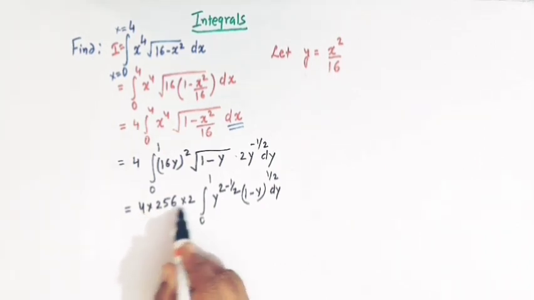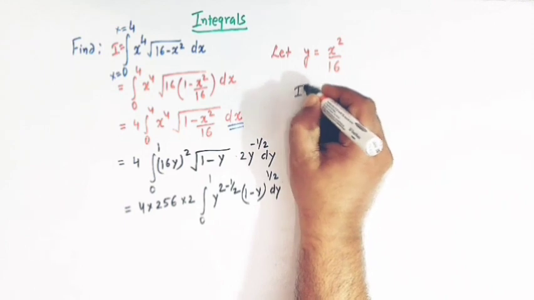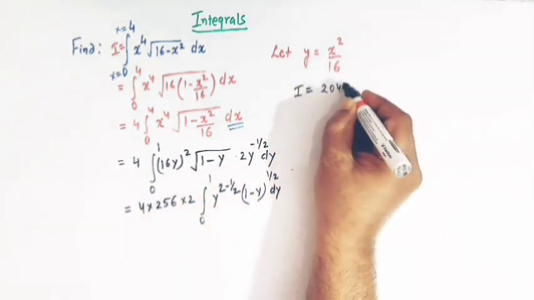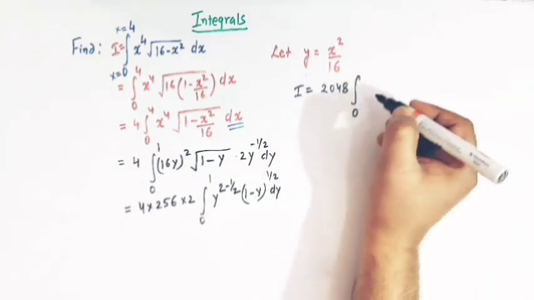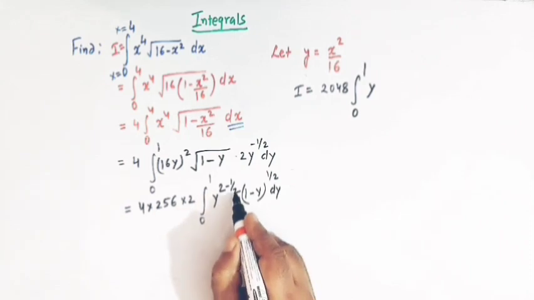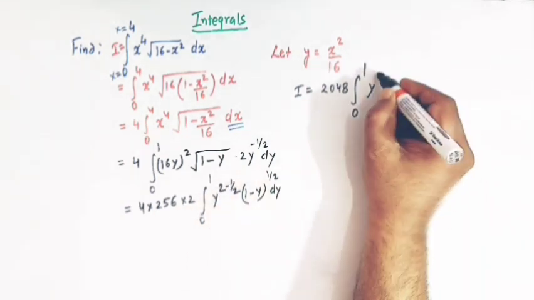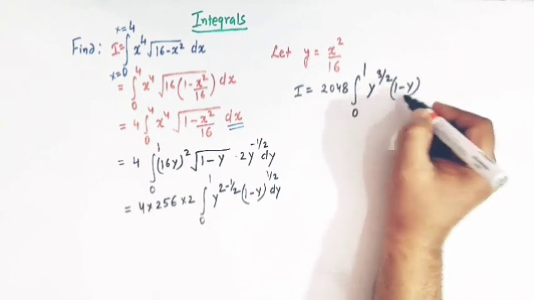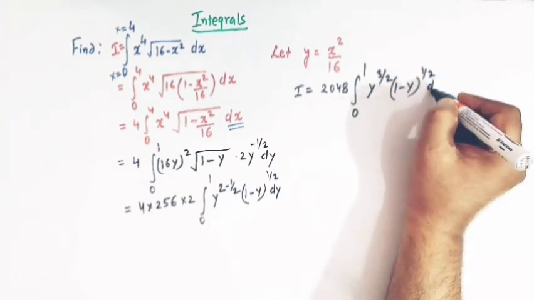So now the product of these three numbers is equal to 2048, and we have 0 to 1, and this is y raised to 2 to the 4, 4 minus 1, 3 by 2, and 1 minus y raised to half, right?